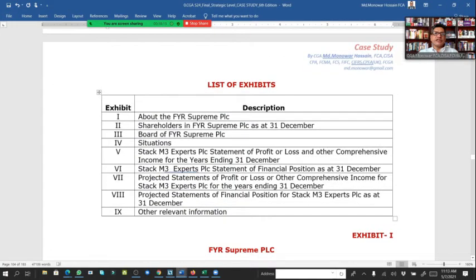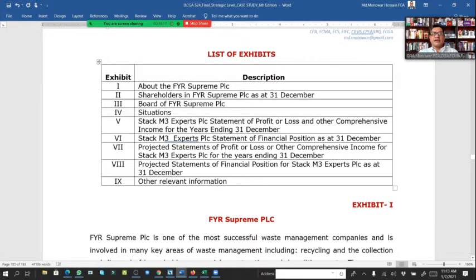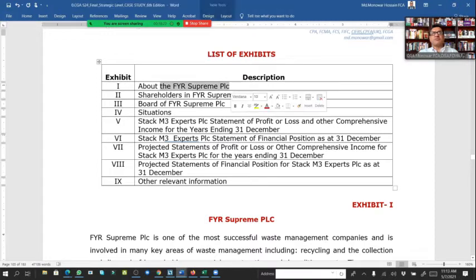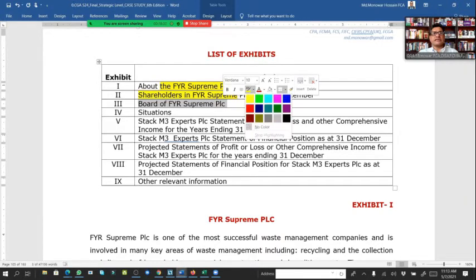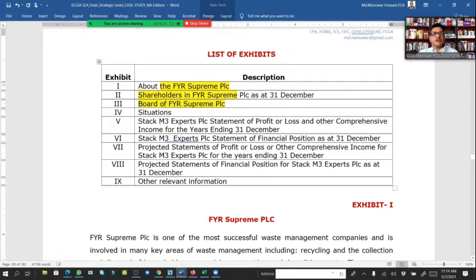And if we go to the exhibits within this case study, here about the FIR Supreme PLC is described, and the shareholding position of the company, and also the board of directors: who the directors are, their qualification and age, and their association with that company. Also the statement of profit and loss, comprehensive income, and the statement of financial position of another company.